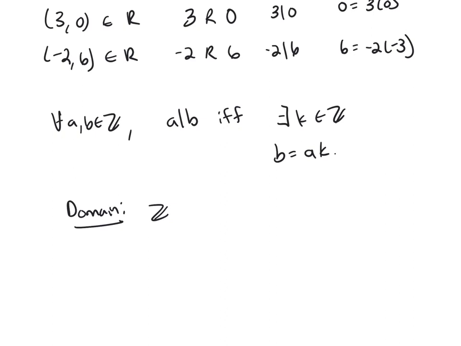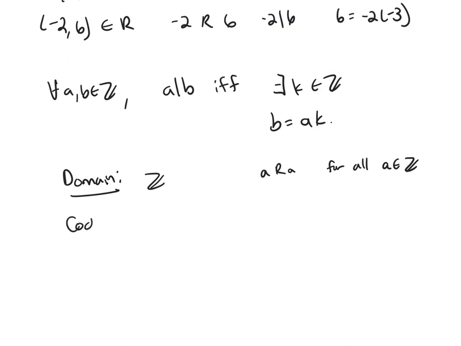So you would have a is related to a for all a in Z. The codomain is Z because this is a relation on Z. And then the range, well, every integer appears in the second coordinate, so the range would also be Z as well.